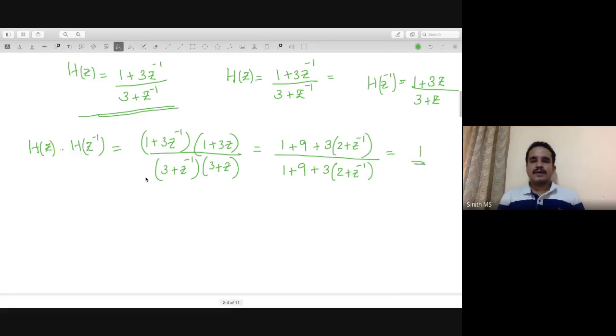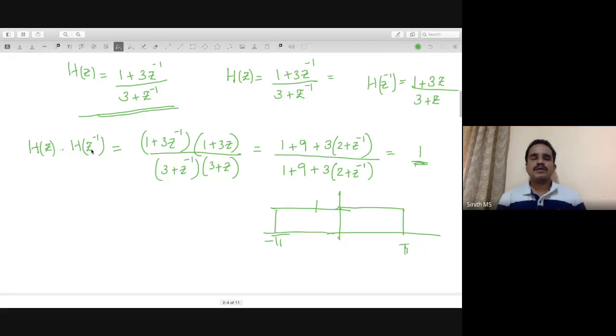So these two terms cancel, numerator and denominator are the same. So this basically has a magnitude of 1 and it doesn't have any phase either. So its phase response is constant and its magnitude response is 1. So this being 1 means it has a constant response over minus pi to pi, and hence this is an all pass filter.